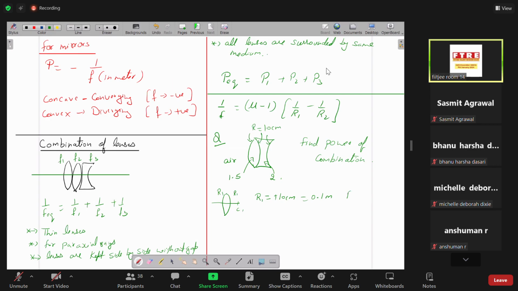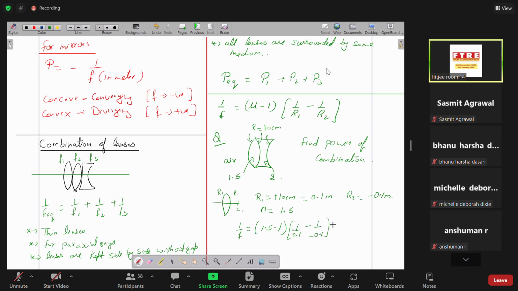For R2 it will be minus 0.1 meter. The refractive index of the medium is 1.5. So we can find the focal length: 1 by F equals 1.5 minus 1 into 1 upon 0.1 minus 1 upon minus 0.1.